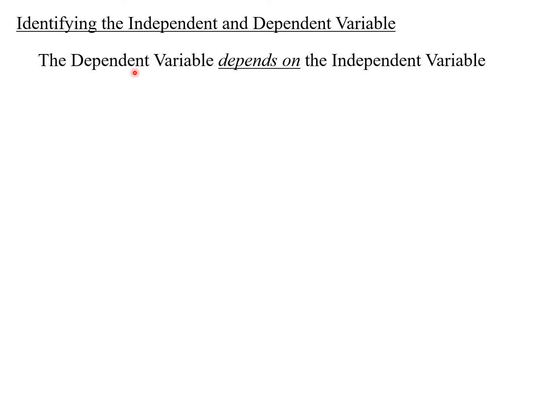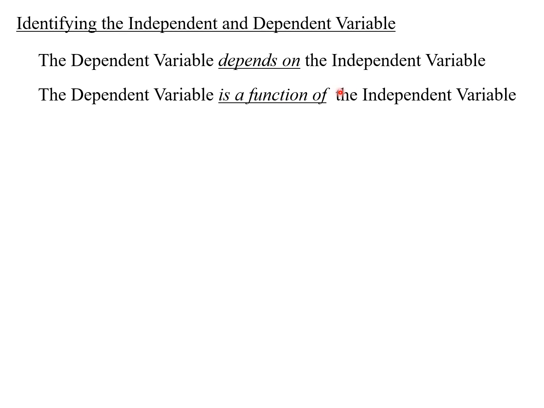Okay, one last exercise: identifying the independent and dependent variable. There's some key English that we need to interpret depending on how it is worded. For example, the dependent variable depends on the independent variable. If you see the words depends on, whatever comes before is the dependent, whatever comes after is the independent.